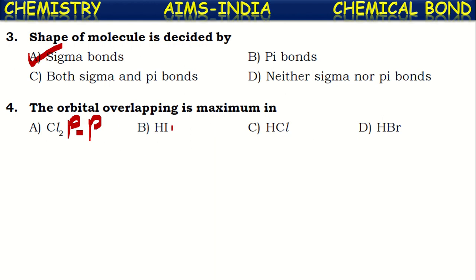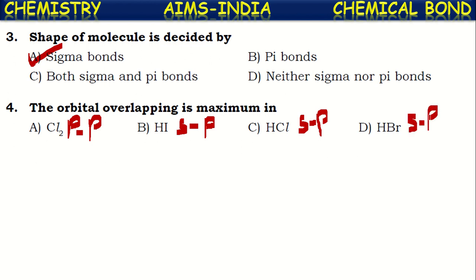In hydrogen iodide, hydrogen has an s orbital with a single electron, and iodine has its half-filled orbital in the p subshell. So in this molecule, the overlapping will be sp overlapping. In a similar way, in HCl also, sp overlapping. And in HBr it is also just like that: hydrogen and a halogen, sp overlapping.